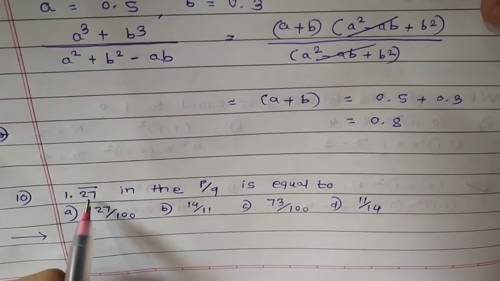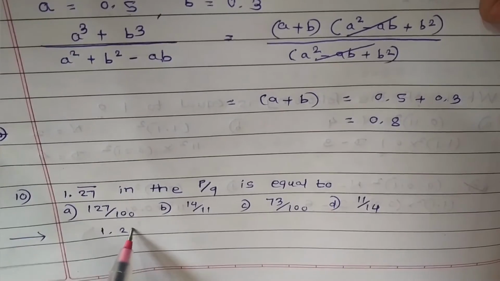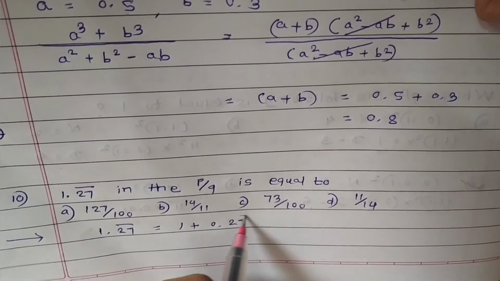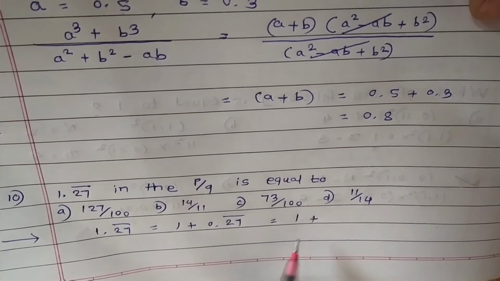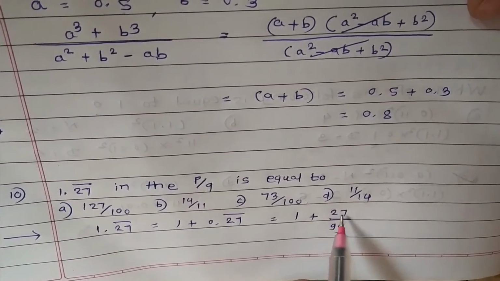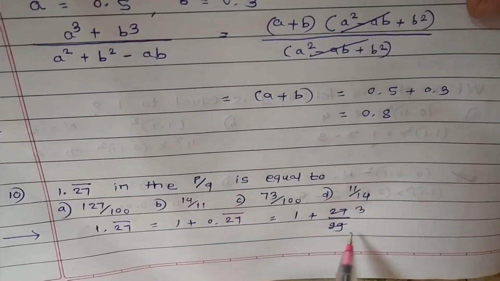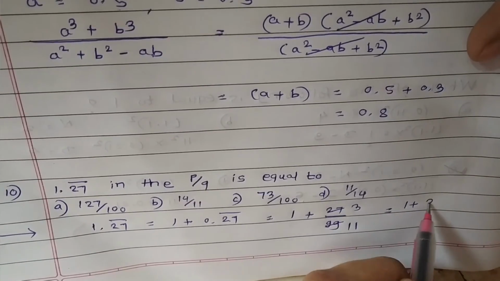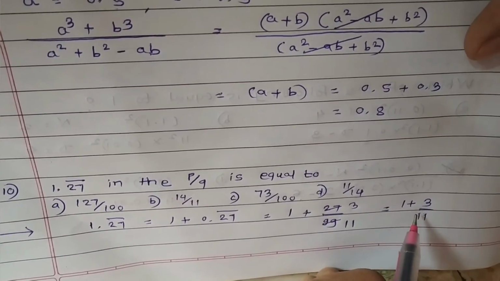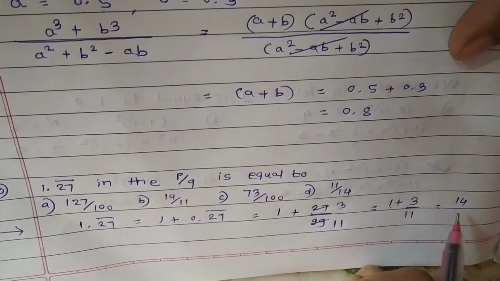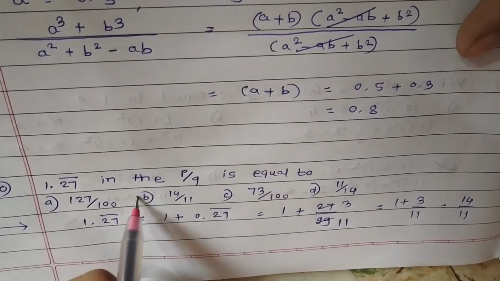The 1.27 bar can be written as 1 plus 0.27 bar, which is equal to 1 plus 27 upon 99. 9 3s are 27, 9 1s are 9 and 9 1s are 9, which is equal to 1 plus 3 upon 11. Just make cross multiplication of it. 11 1s are 11 plus 3, it will become 14 upon 11. Hence your option B is correct.